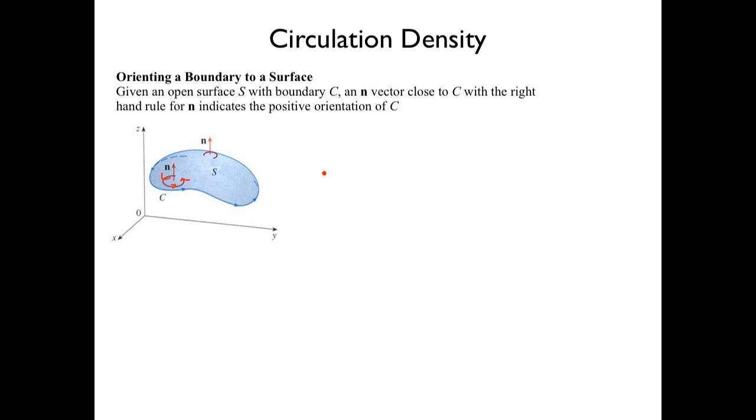And then as you go by here, heading kind of left to right, you see that? That will determine the direction of C. C will go in the same direction as n as you sweep around close to the boundary there. Does that make sense? And then same thing back here. So if n points up, we're talking about counterclockwise.